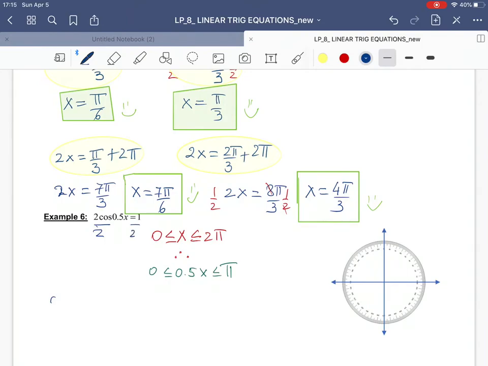Divide both sides by 2, and that will give cosine of 0.5x equal to a half. So that will make 0.5x equal to inverse cos 1/2.